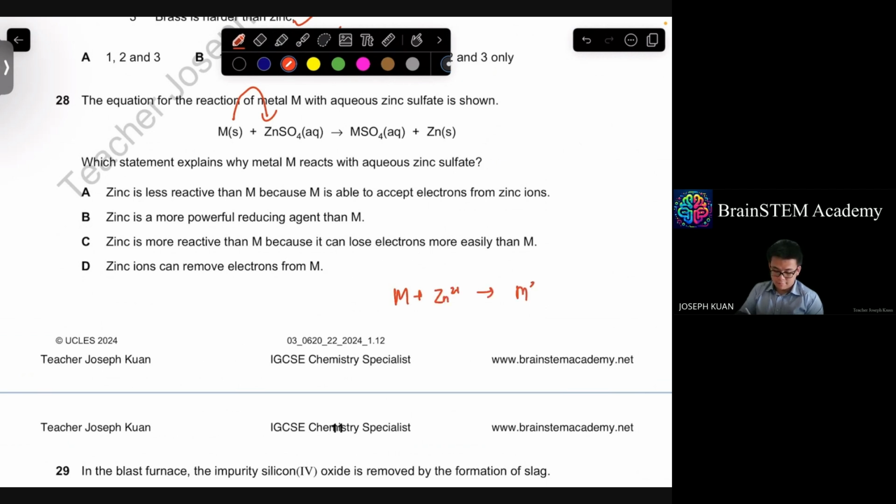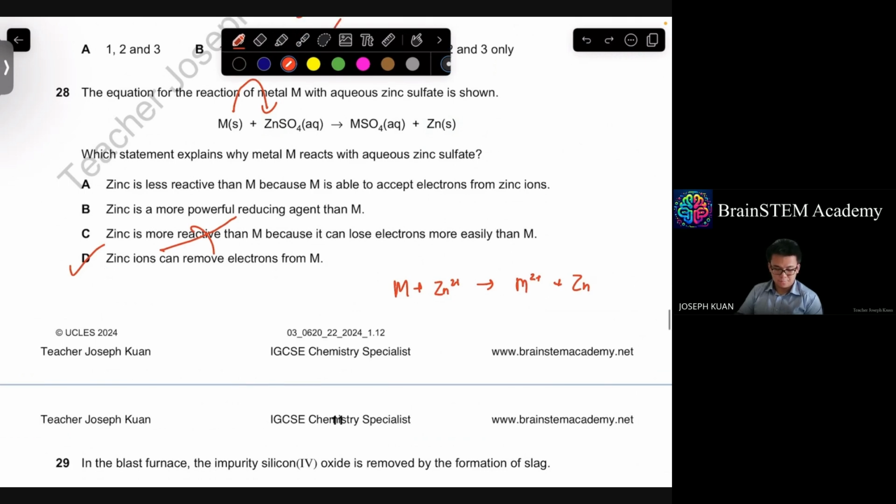So M turns into M2+ and zinc from 2+ turns into 0. Okay, we know zinc is not more reactive than M. And it seems like the best answer is D. Zinc ions do steal electrons from M. D is the answer for 28.